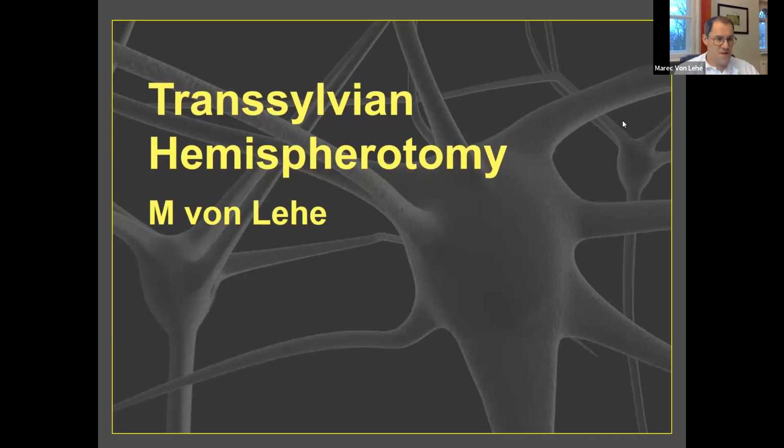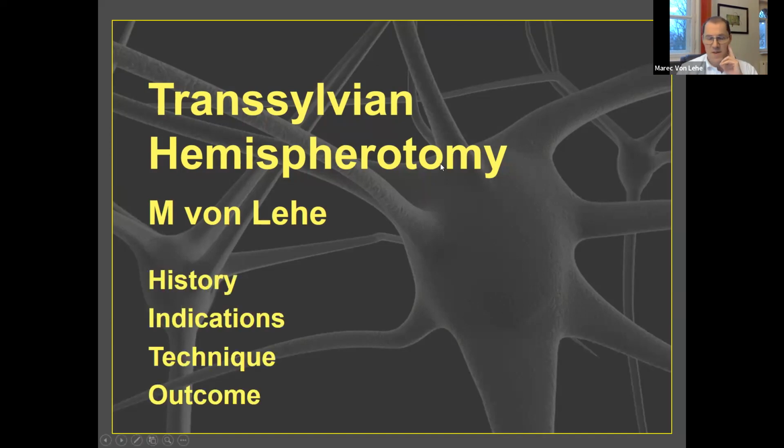It's a very interesting topic, a very nice procedure, with very interesting things around it, like pre-surgical workup and the seizure outcome. I will start this evening with the transsylvian approach, but first I'd like to introduce some historic things about the procedure, and just a few words about the indication for this kind of surgery.